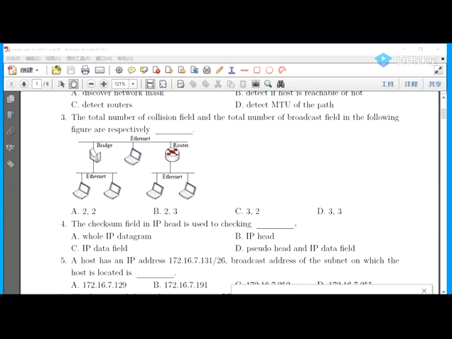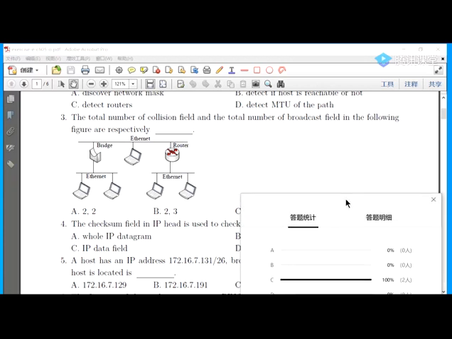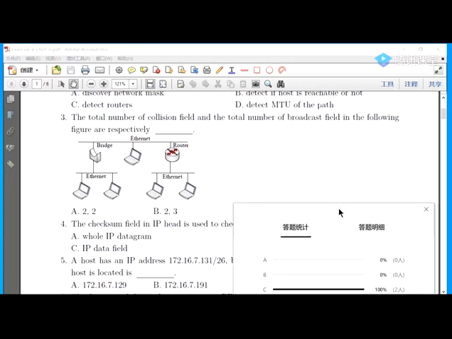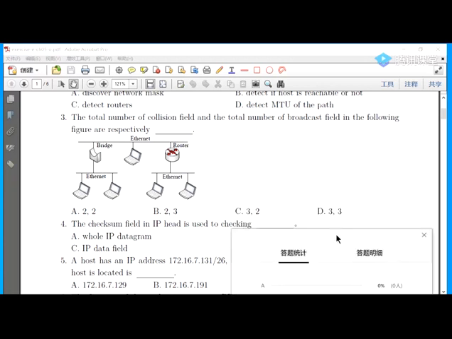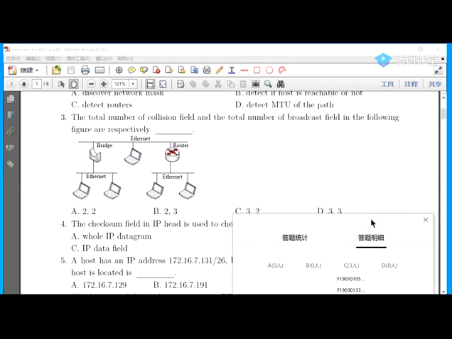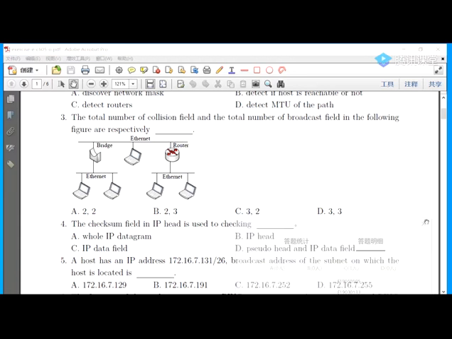Which one is correct? C? C, that's right. The total number of collision fields is C, 3.